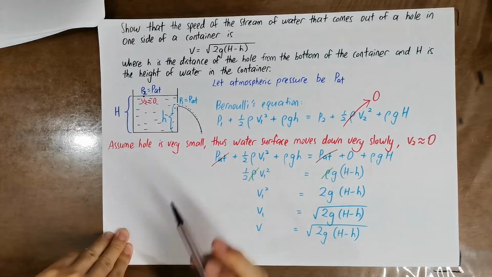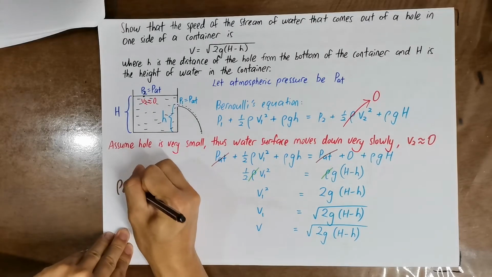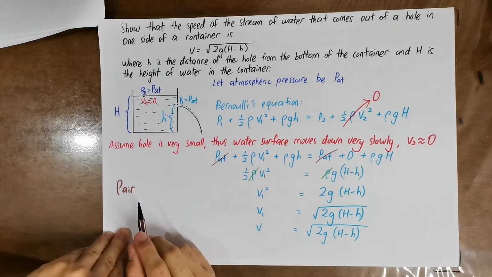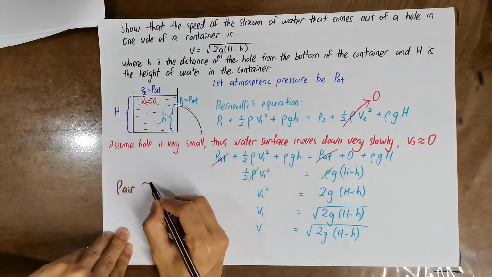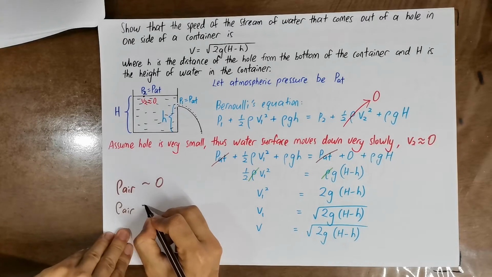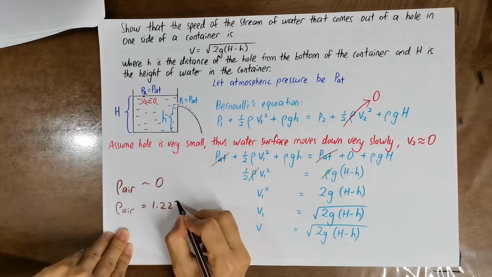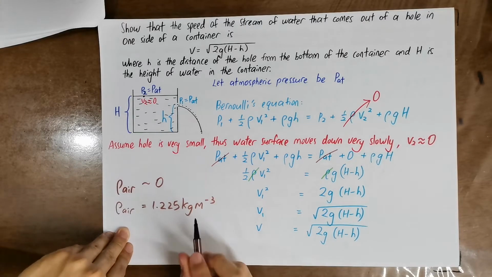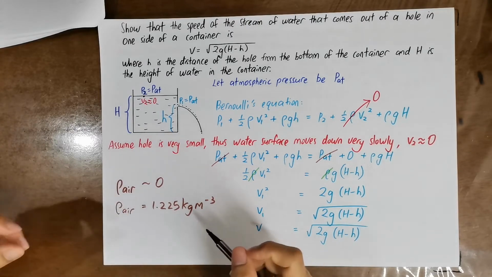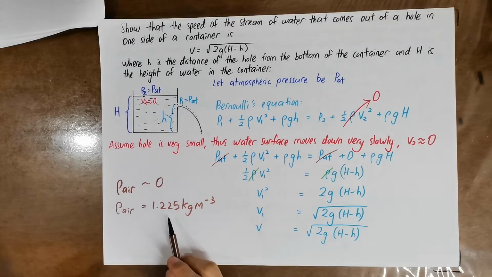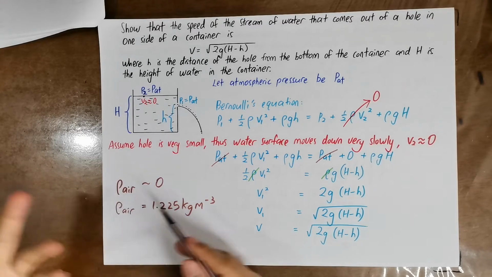Of course, you have to assume that the density of the air is very small, almost equal to 0. In fact, the density of air is 1.225 kilograms per meter cubed. However, it is still a tiny amount compared to the density of water, which is 1000 kilograms per meter cubed. So we assume the density of air is 0.